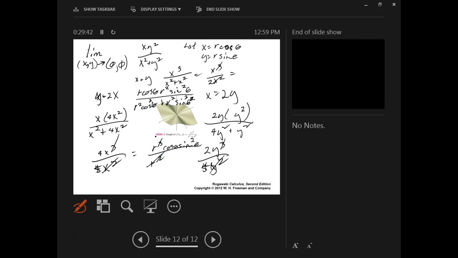And as r is approaching 0, this is always approaching 0, because the denominator is 1 and the numerator is always something less than or equal to r. So yeah, that does work for every value, x and y approaching 0. Okay.